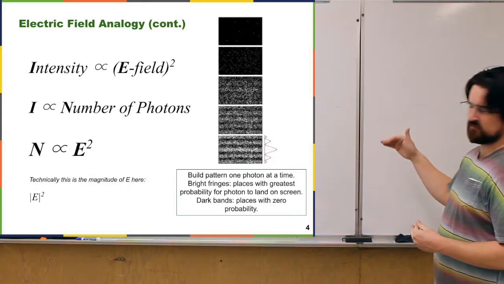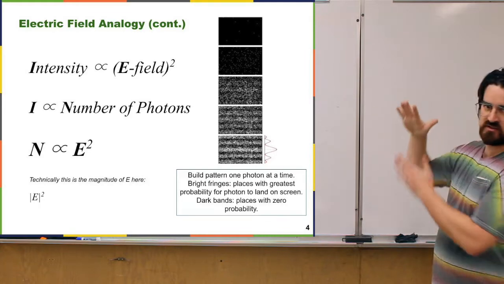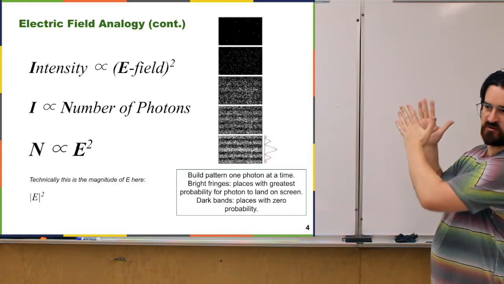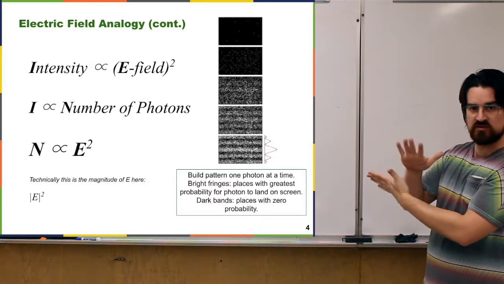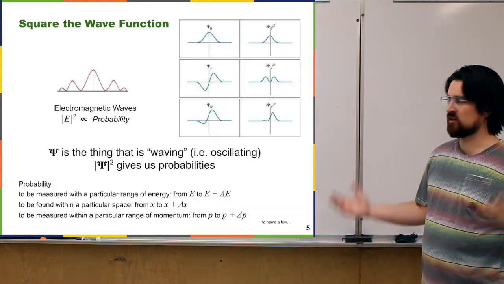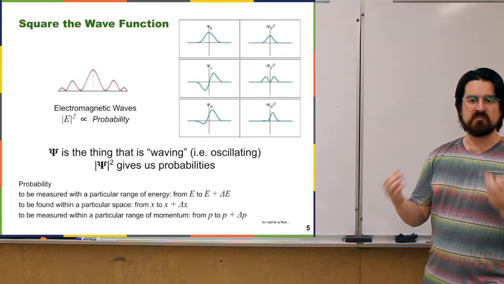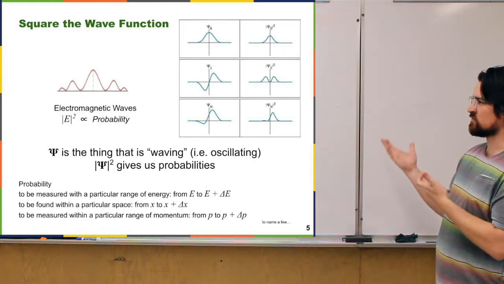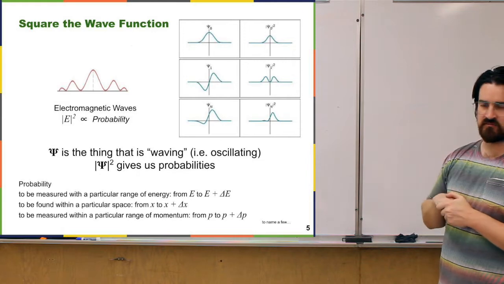And in the dark bands, particularly right where the interference pattern dips down to zero, there's zero probability of a photon landing there. So all that together gives us this idea that the square of the magnitude of the electric field is proportional to the probability of a photon landing somewhere on that screen.